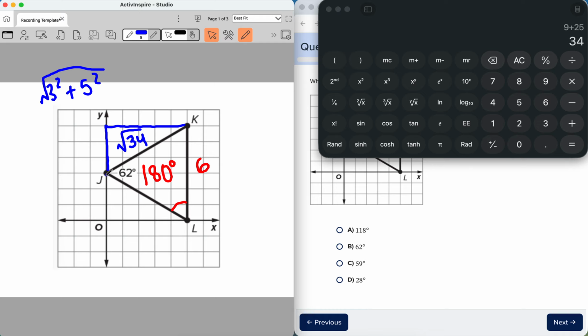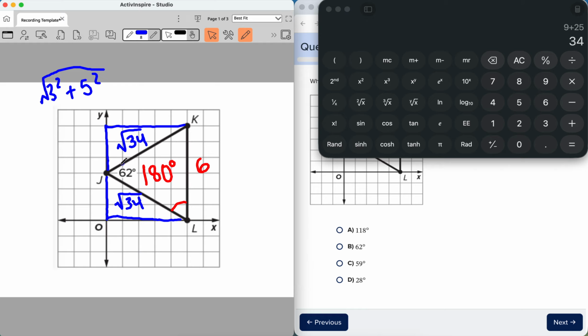Kind of a shortcut is when I make my right triangle, this side is 3, this side is 5 again, so I don't really need to do the calculations because we had the same right triangle up here that was 3 units and 5 units. So that means that this side JL is also the square root of 34 units long, which means that this triangle is an isosceles triangle.